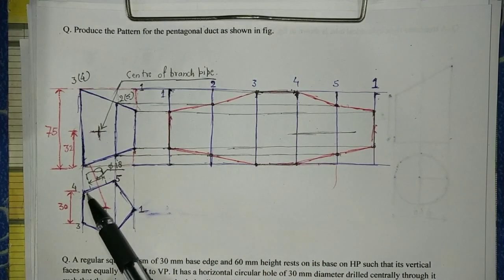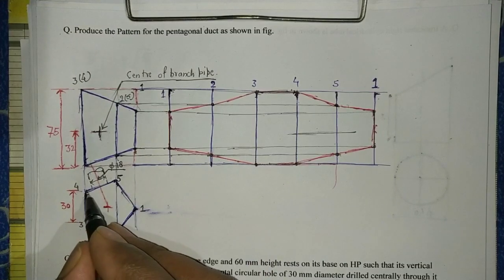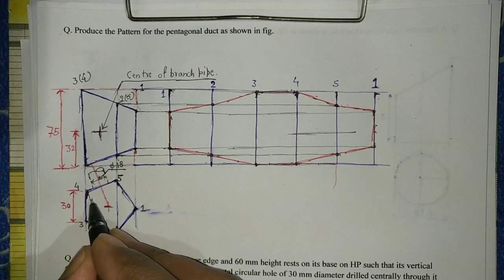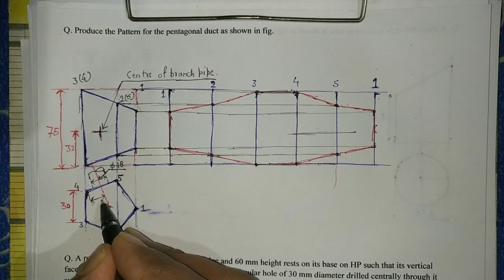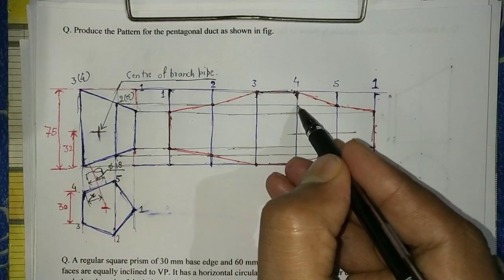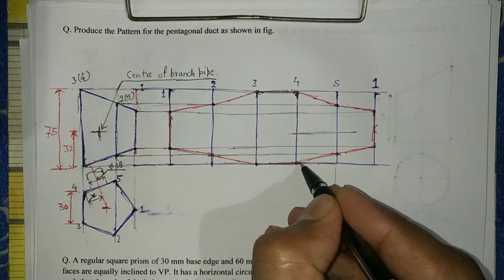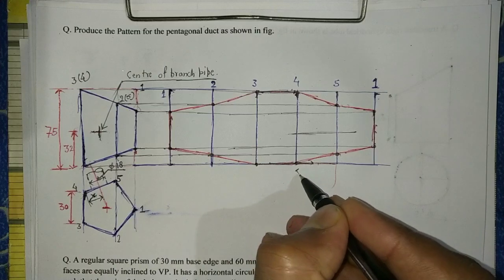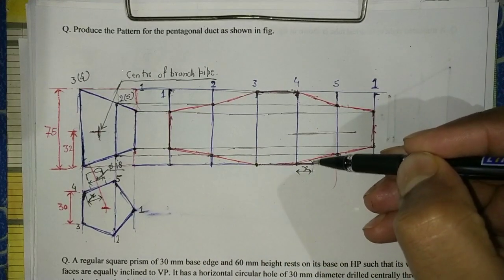Similarly, in 4 to 5 the axis of the hole is given, and we can measure the distance from edge 4 up to the axis of the hole. The 4 edge is here, so we measure the same distance here and draw a vertical line.